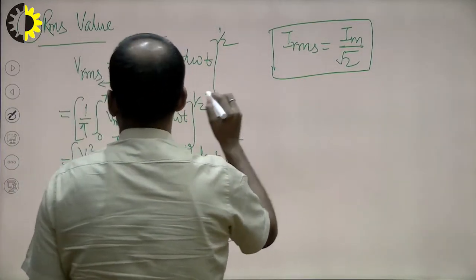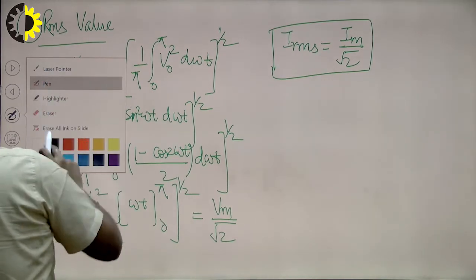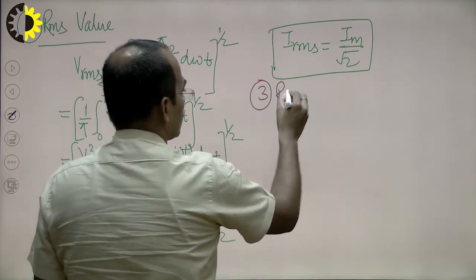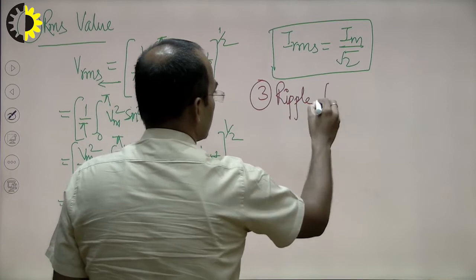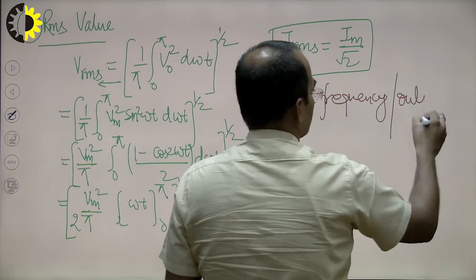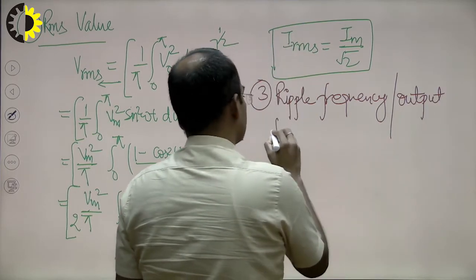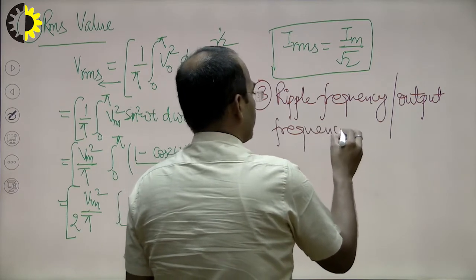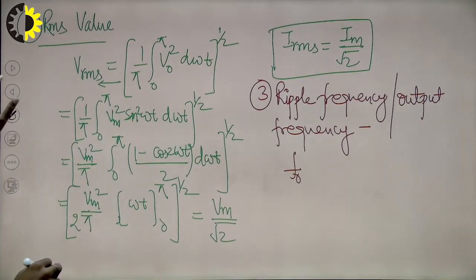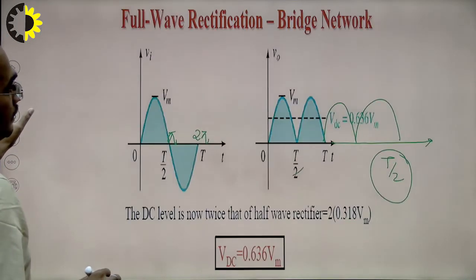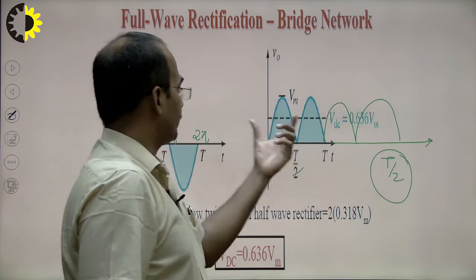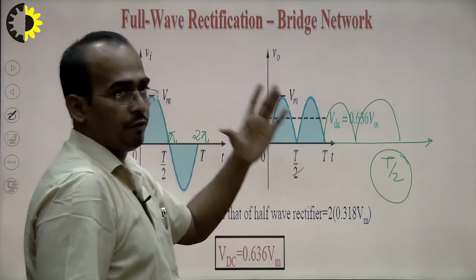So this is the first parameter, this is the second parameter. The third parameter is the ripple frequency or output frequency. Ripple frequency is denoted by f naught. In the waveform you can see that the period of the input waveform is T and the period of the output waveform is T by 2.